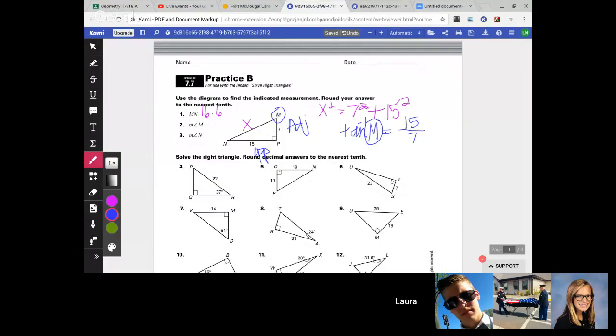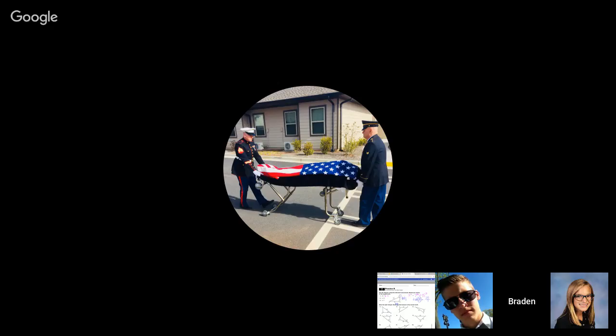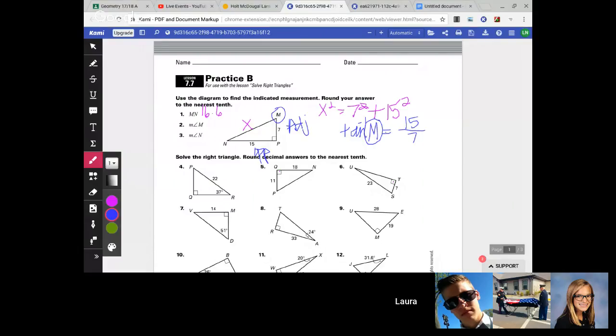Just do 65 because you're already rounding up one time. 64.98, whatever, so round up to 65. So angle M, remember, that's why I like the circle thing, because it helps me remember which angle I was looking for. So 65.